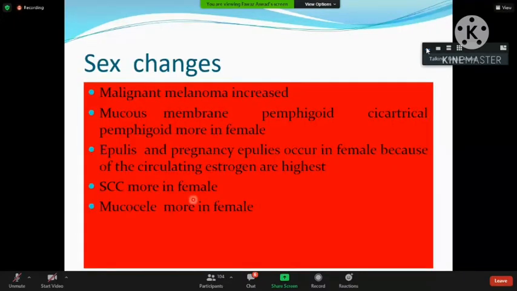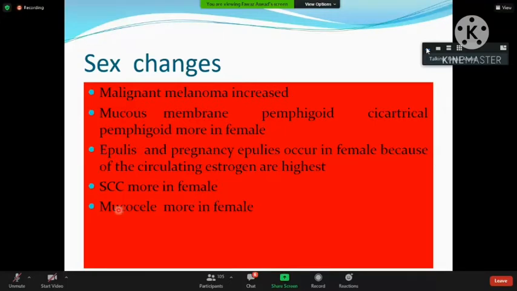We talked about the second part of taking history from the patient, where we emphasize sex differences. We saw that sometimes more types of lesion may occur in females than in males.